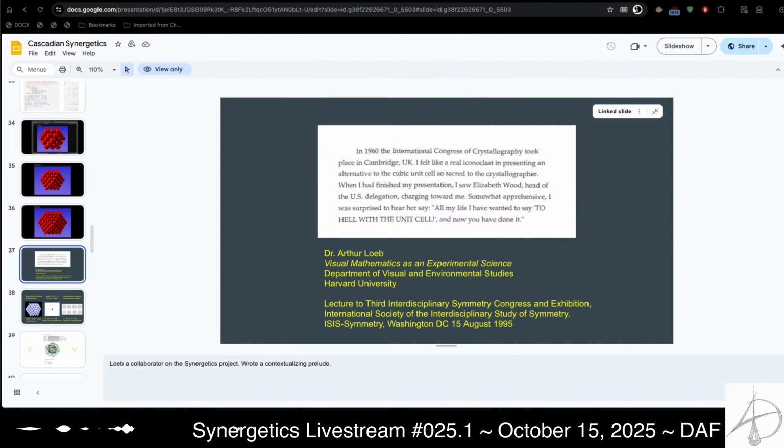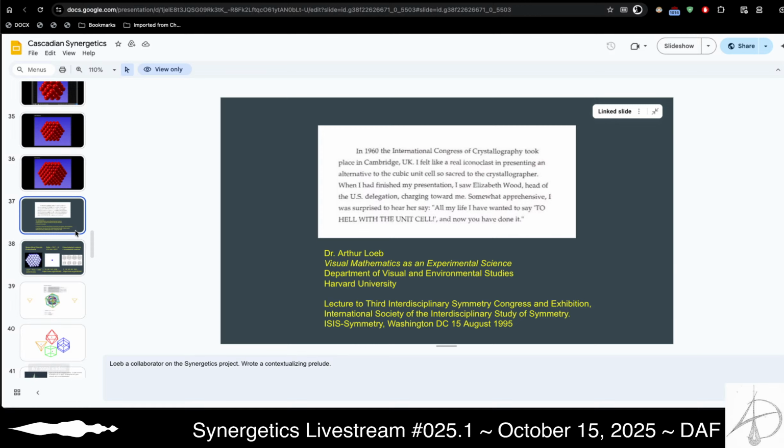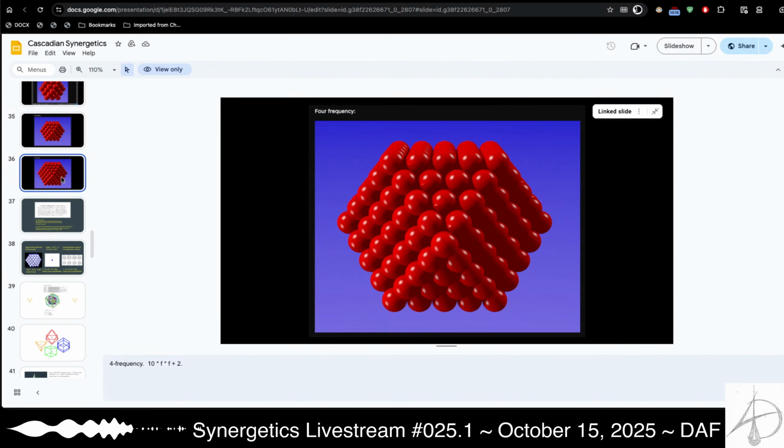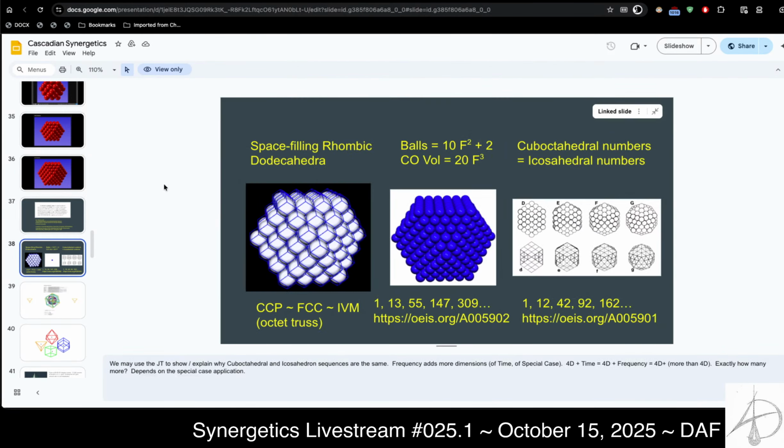So that's talking from a crystallographer's perspective about, well, what if it wasn't a cubic cell that everything else had to get shoehorned into? What might be an alternative, if only at first? And then what might be maybe even a more natural setting, for example, close packing.